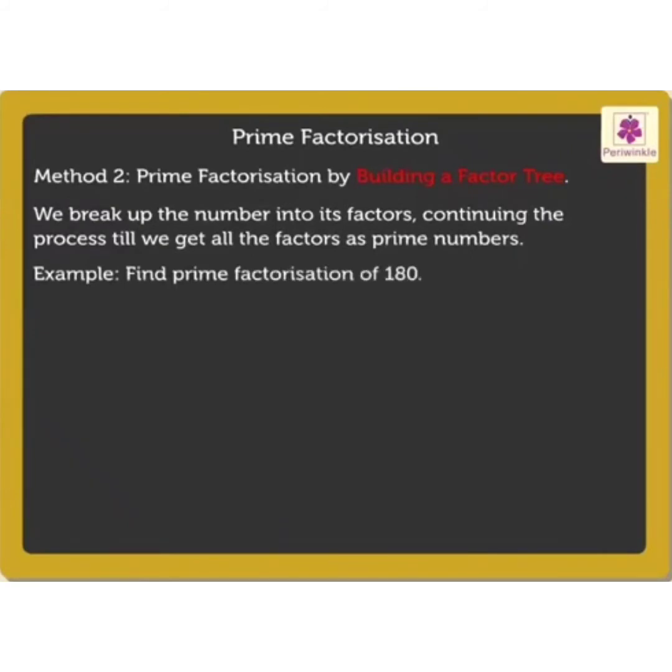We'll find the factor tree of the same number 180. 180 can be broken up into many pairs of factors. Let us start with 18 times 10. Now, both these numbers are composite numbers. So, we again break them into their factors.